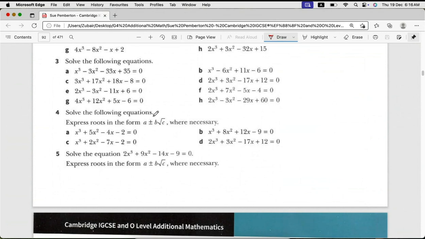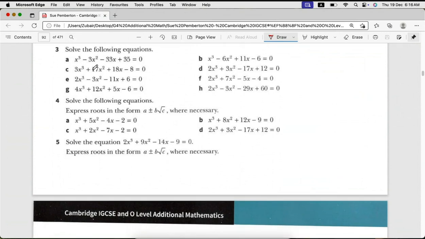There would be one thing, for example, question number 3, solve the following equations. You would need the first factor and then go for long division. Then you'll be left with a quadratic. Then we can go for either middle term breaking or the quadratic formula. So the first factor is always a hit and trial. If you look at this, I'm punching in and calculating, I'm using 1, because clearly I can see that at 0 it is not a factor, it leaves 35.